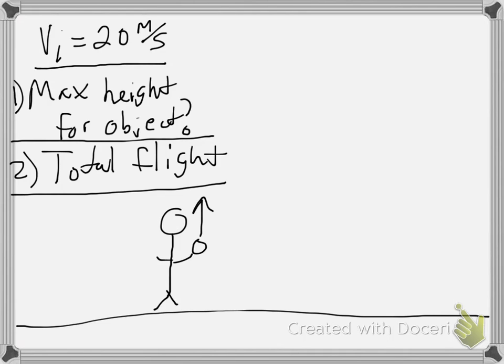Or, vice versa, if I know the total flight time, can I get the velocity it was launched with, and can I get the maximum height? Or if I know the maximum height, can I get the velocity and the total flight time? And it turns out the answer is yes. If I know one of these, I can get the others. Some easier than others, and some it takes a little more work to get, but I can do it.